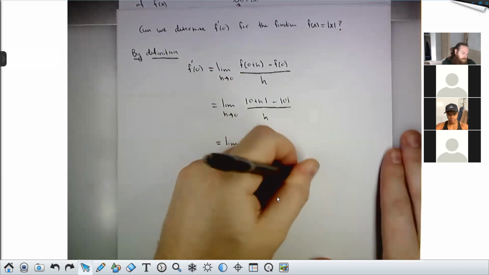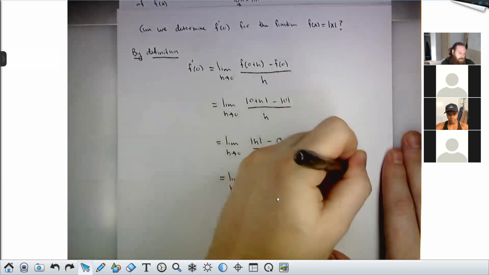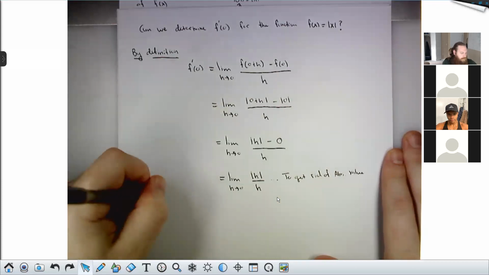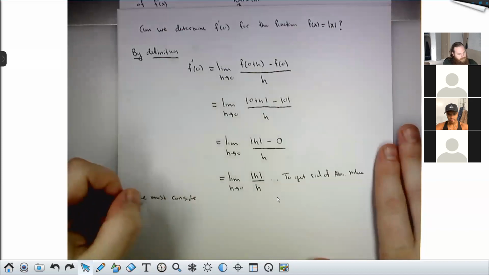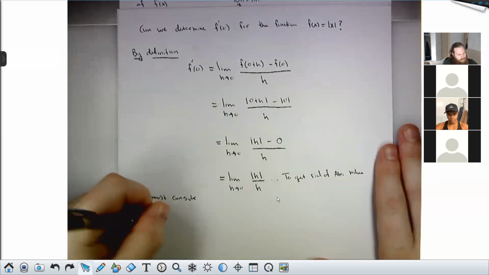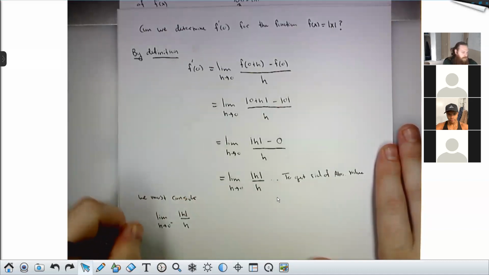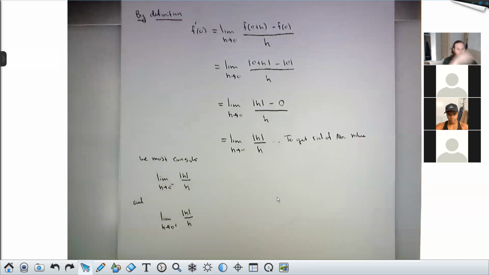To get rid of the absolute value, we must consider the limit as h goes to 0 from the left of abs h over h, and the limit as h goes to 0 from the right of abs h over h, separately.